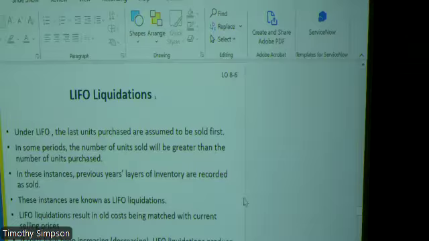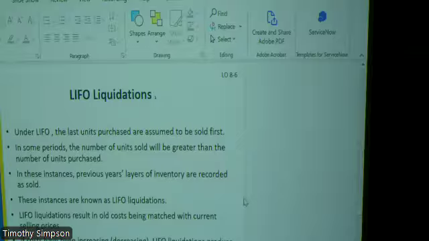And here's the problem. As you start to liquidate inventory, and by the way, it's a complicating factor that you've got some businesses with thousands of SKUs, stockkeeping units, where the experience in terms of LIFO liquidations may be quite different depending on what good versus some other good.